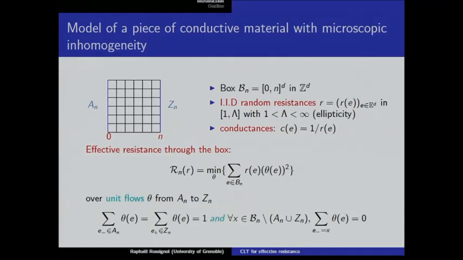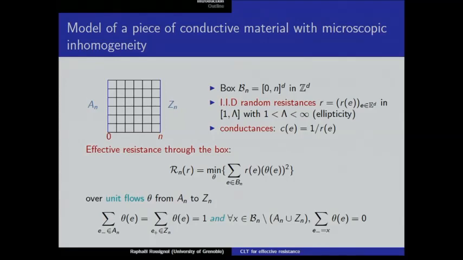What enters the network at A_n is 1, and the net flow outside the network at Z_n is 1. A_n is the left side, from A to Z. And they are identified with zero resistance. Here it's equivalent to say that they are the same voltage. They are identified as one vertex.